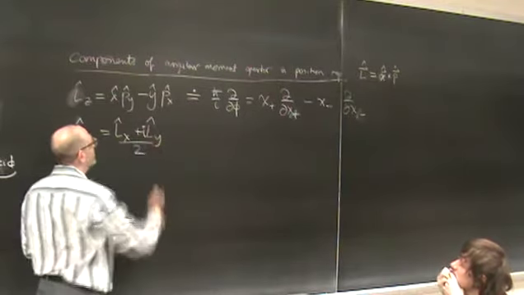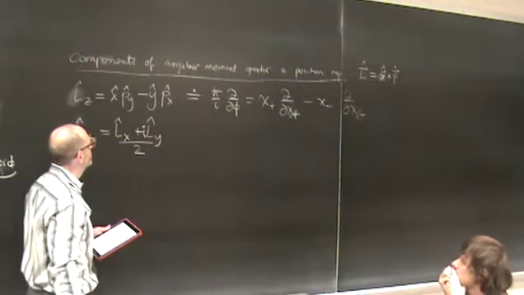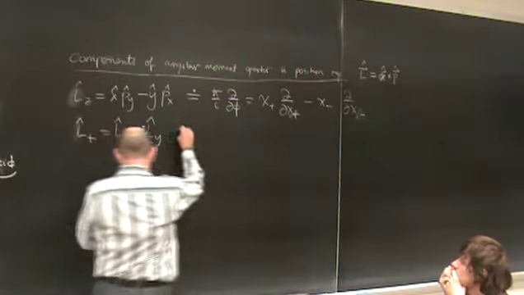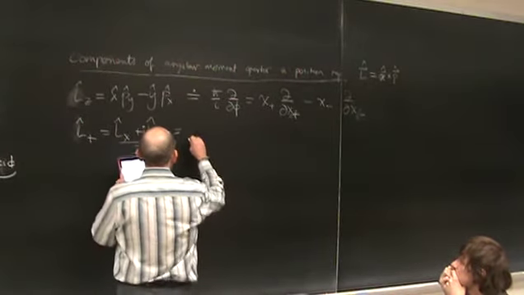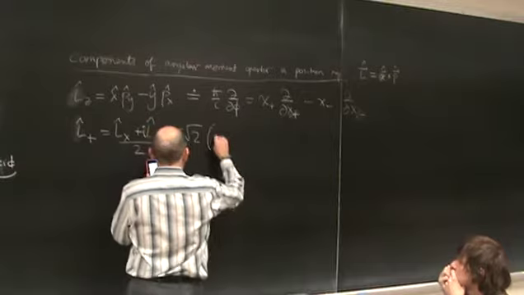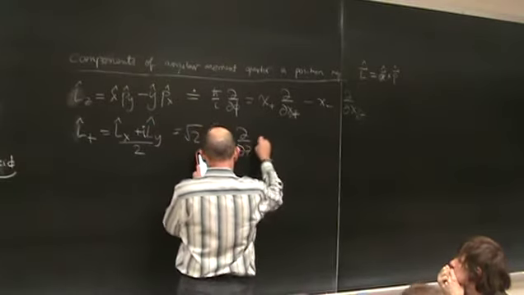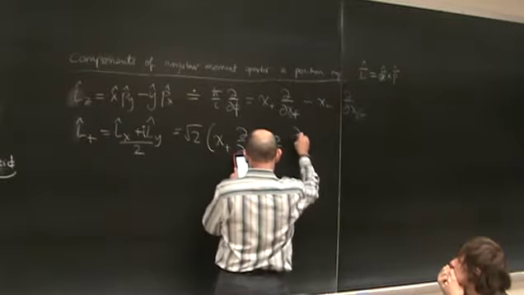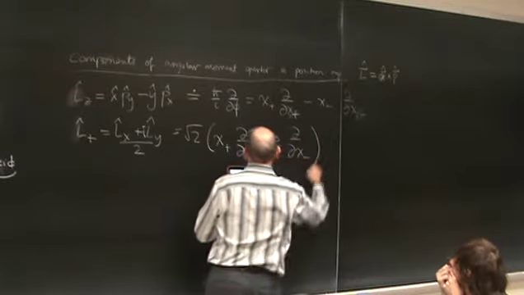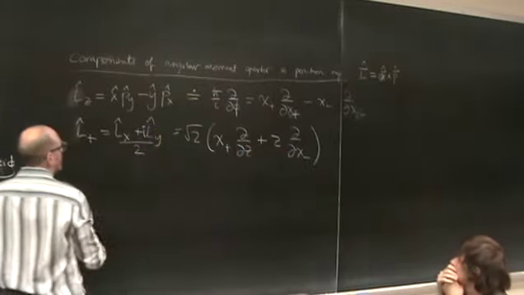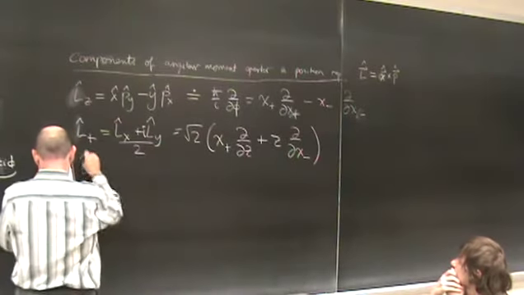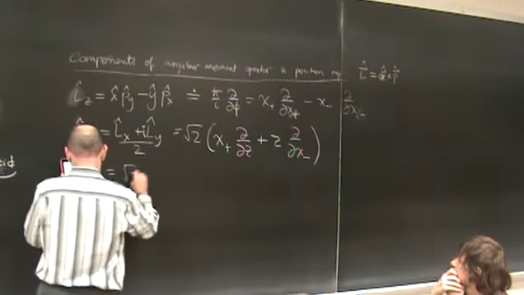Yes, indeed, thank you. That this is equal to root 2 x plus d by dz plus z d by dx minus. Right, and then L minus is the adjoint.